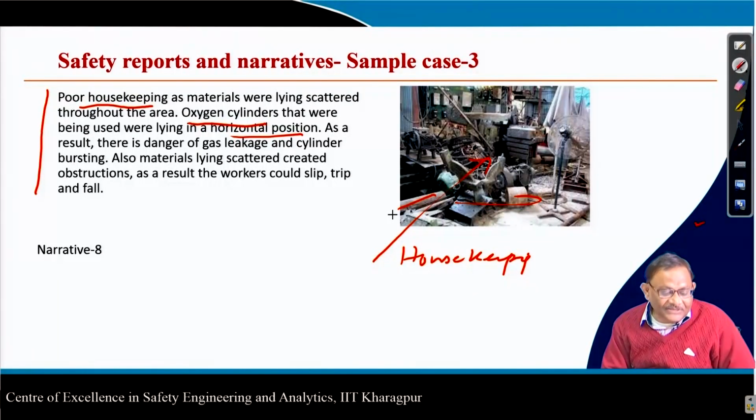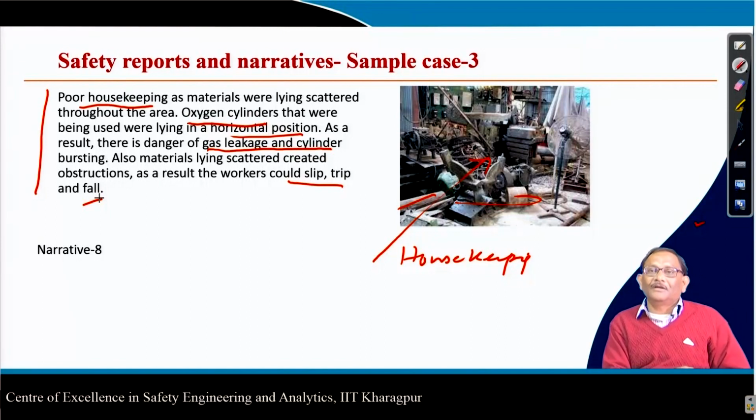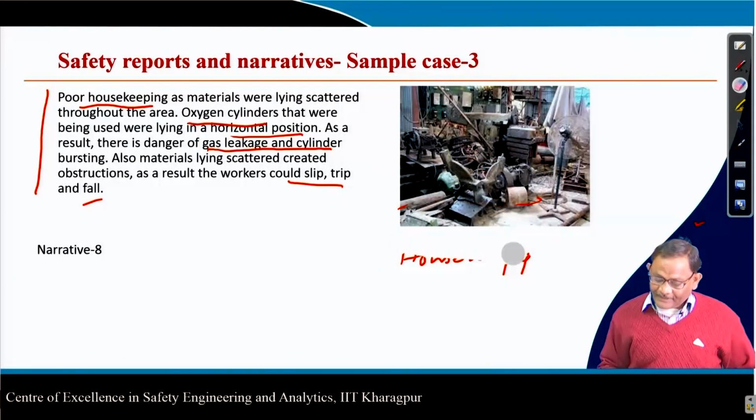As a result, oxygen cylinders should be vertical, and that is the safe practice. But as they are horizontal, there is a question of gas leakage and cylinder blasting. Also the material lying scattered around the workplace may cause trip and fall. And this is our sample case 3.